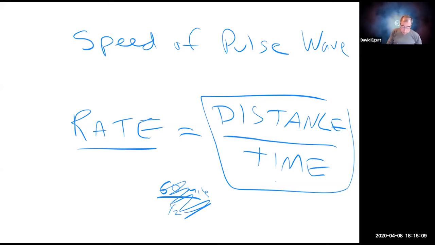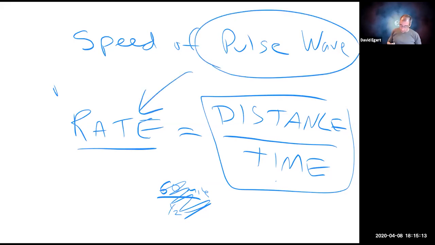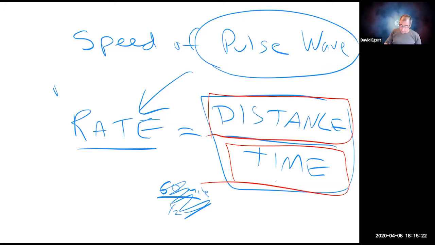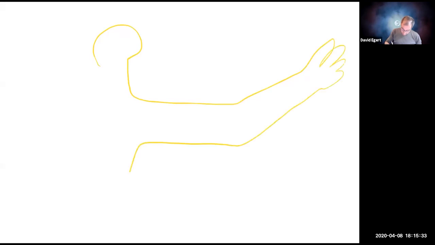So if we want to get the pulse wave rate, we need to know the distance that it went and how long it took to go. If we draw this, there's a person here. We're going to use this little pulse transducer that goes on their finger.